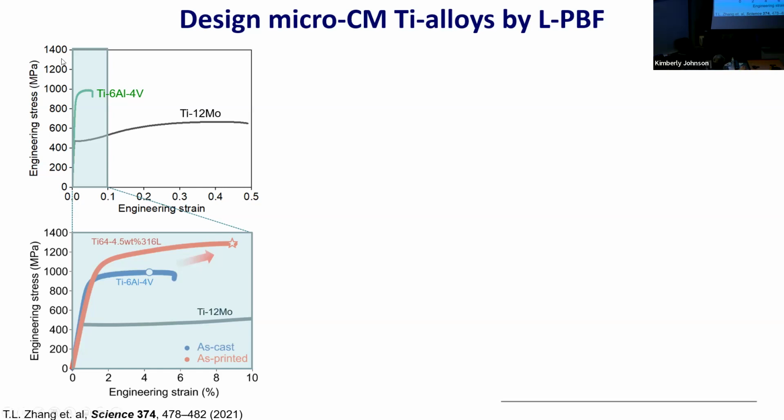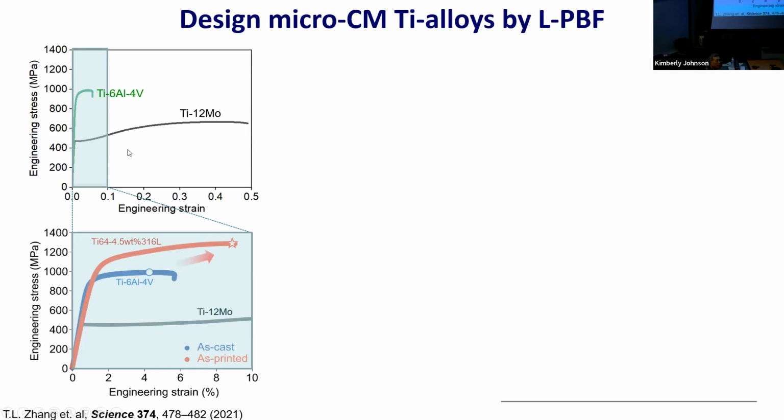So for titanium alloys, usually for the workhorse Ti-64, you have very little work hardening, very high strength, and the ductility is limited. If you have TRIP titanium alloys, with stress-induced martensitic transformation, then you can create a very big TRIP effect, but the strength is low.